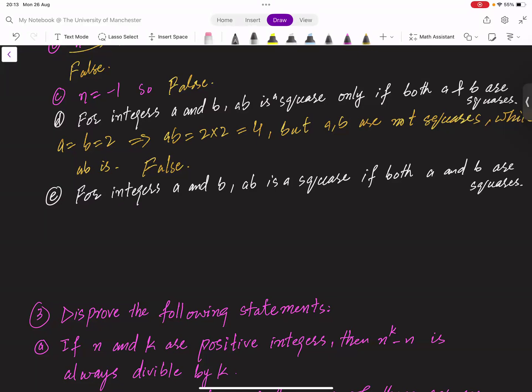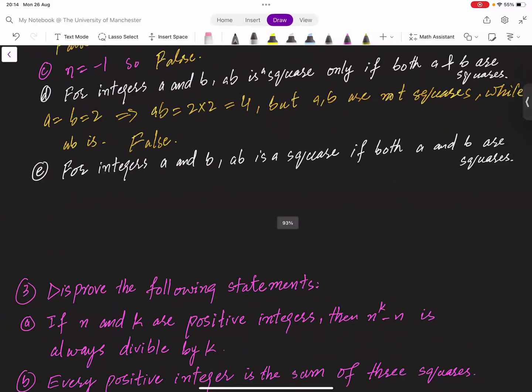Now, statement D says AB is going to be a square only if both are squares. That's not the case. It's not necessary that if these are squares, then only their product will be square. So this is an example that these two are not squares, but their product is a square. So there is no need to put only.